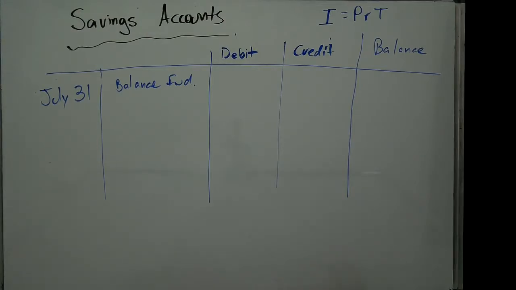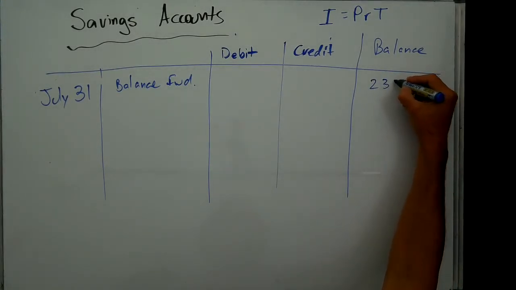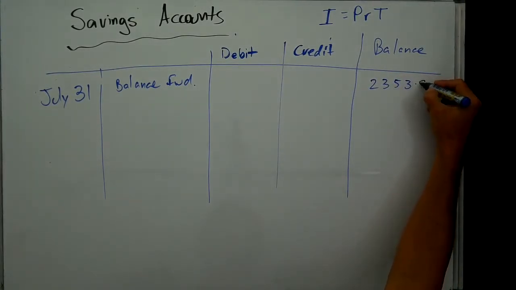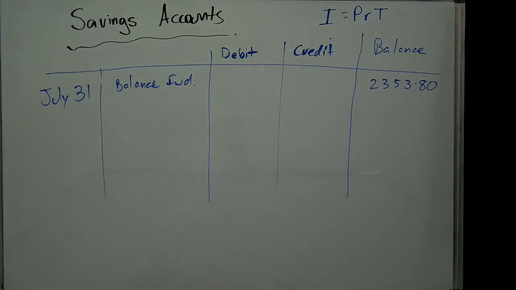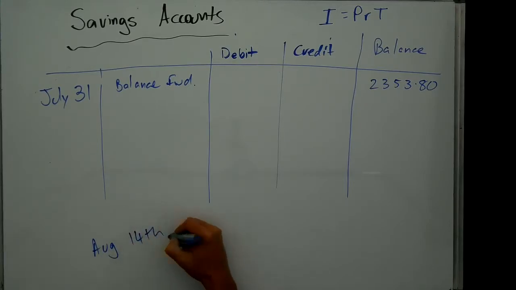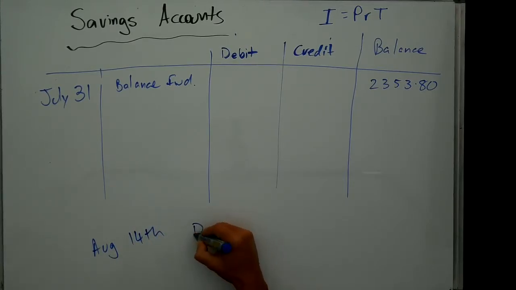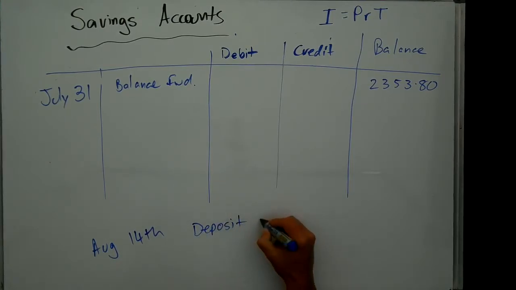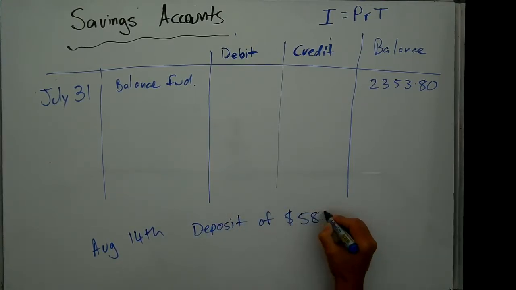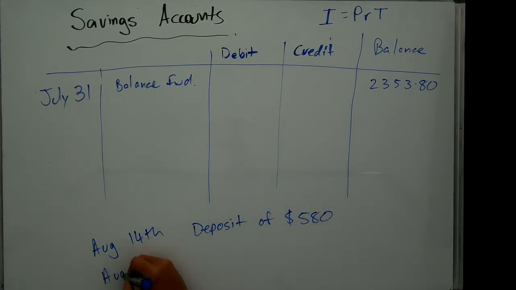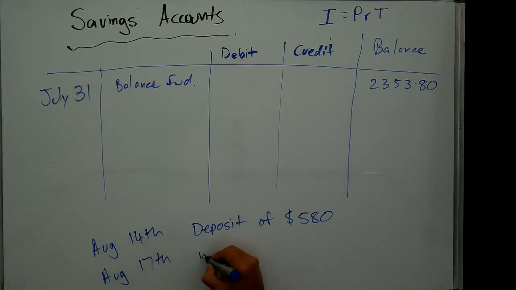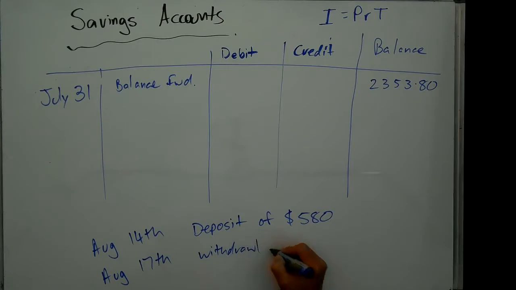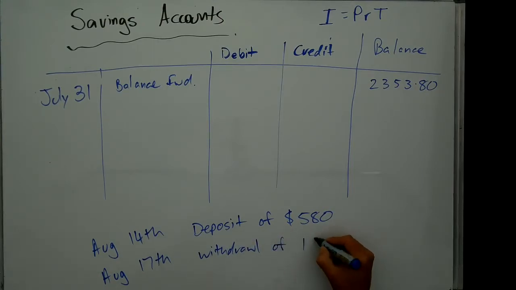Okay, so we're told that the balance brought forward is $2,353.80. Now the information we're given on August 14th, deposit of $580, and on August 17th, withdrawal of $195.